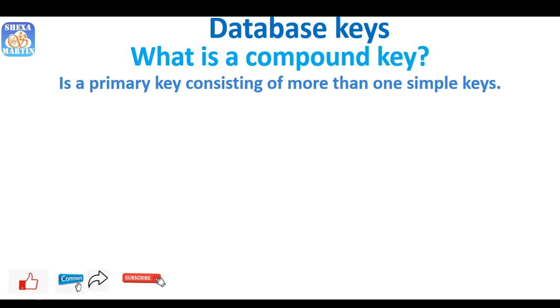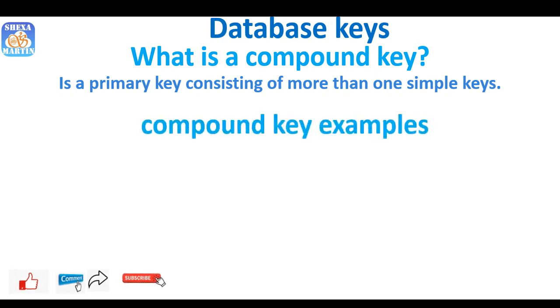So we are saying a compound key is a primary key which consists of more than one field, but each of the fields that make up the compound key are simple keys, or we can use them as primary keys. That is, each of these columns can be a simple key. So that's what a compound key is.